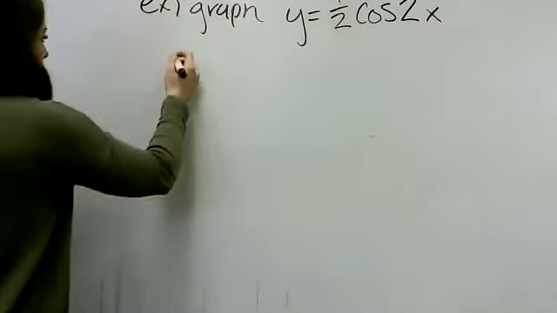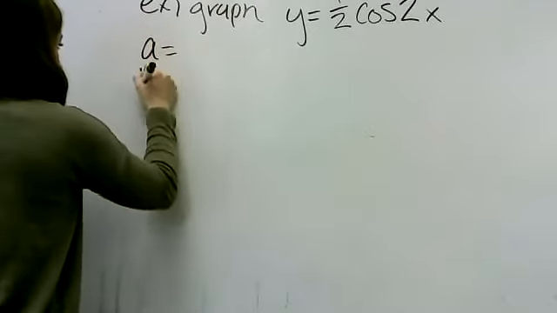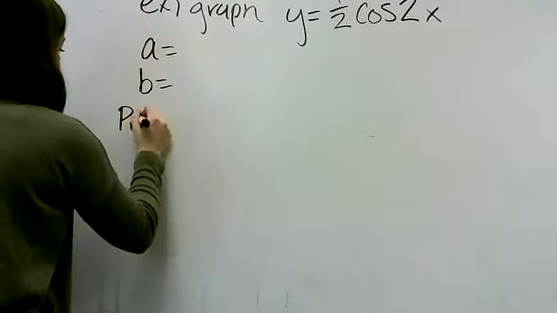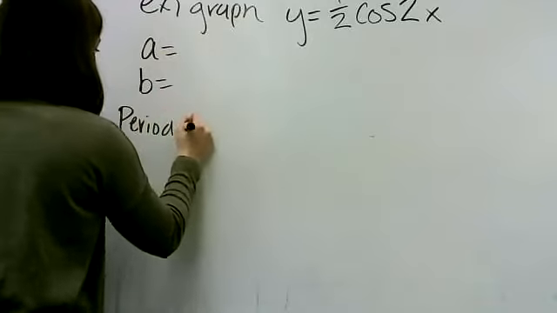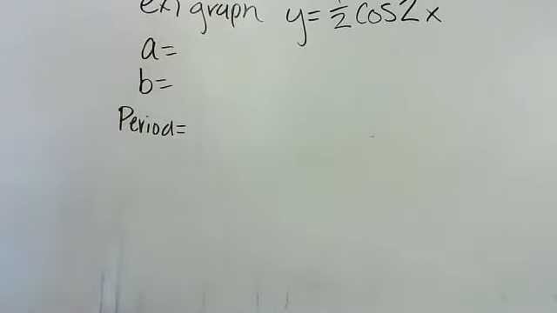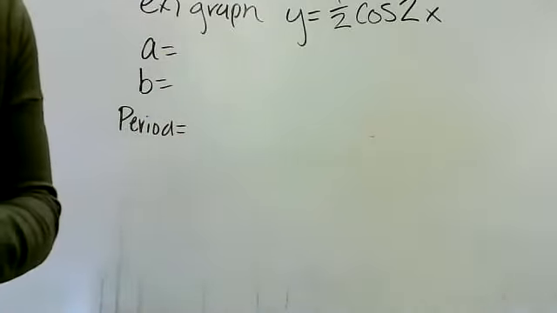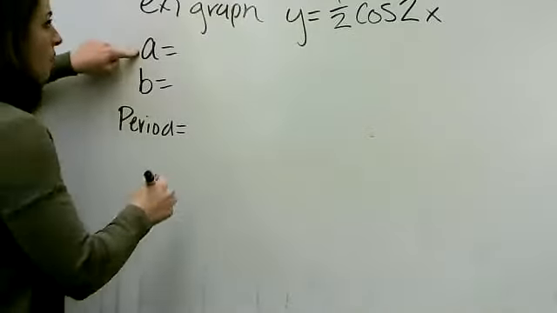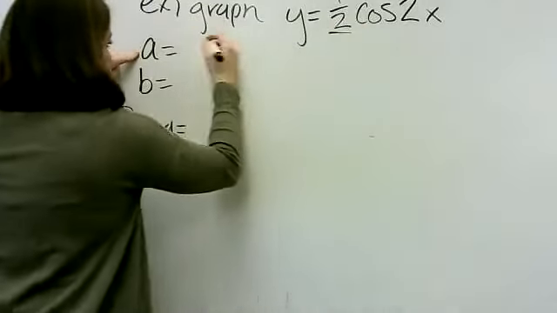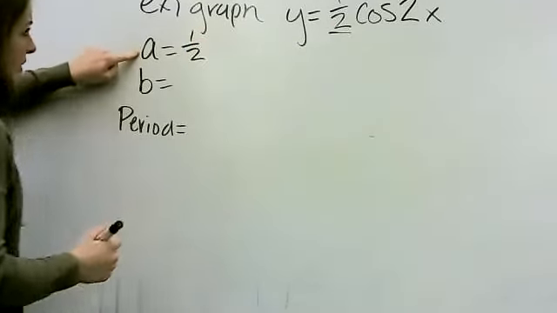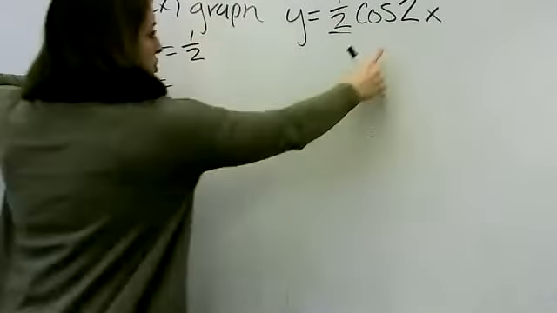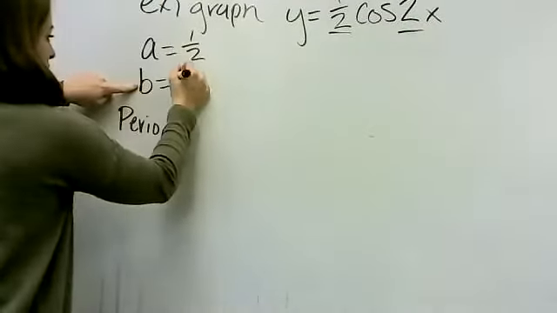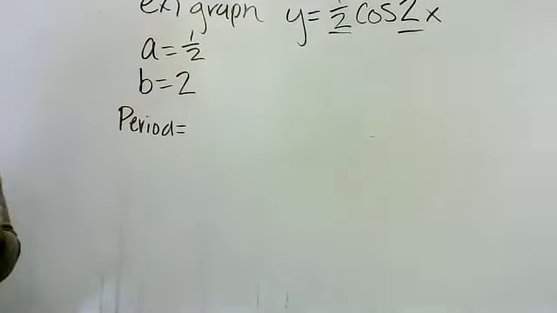So in this one, again, identify my A, my B, and find my new period. First things I'm going to do every single time. Whenever we start adding in new information, start identifying each one of those pieces every single time. A value, super quick and easy: first thing in there, 1/2. B value comes directly in front of the x value, so that is 2.